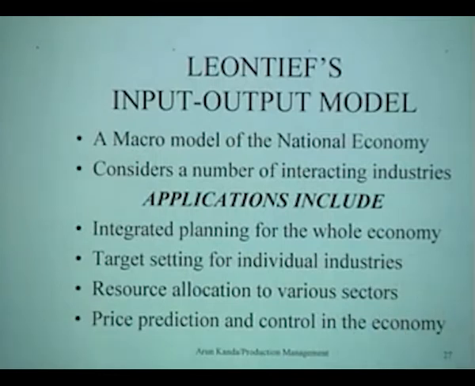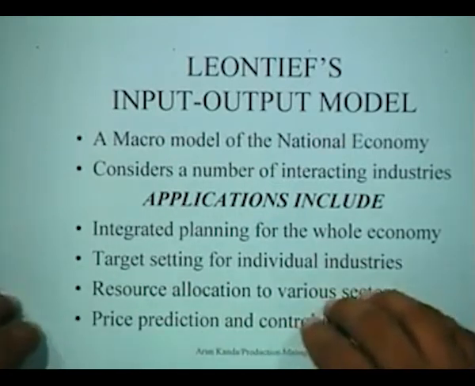Now, you might be a little flabbergasted that so many things can be done by a simple mathematical model. So, let us look at the basics of Leontief's input output model and see how exactly we can go about looking at this particular problem.